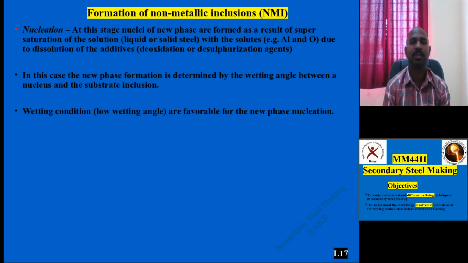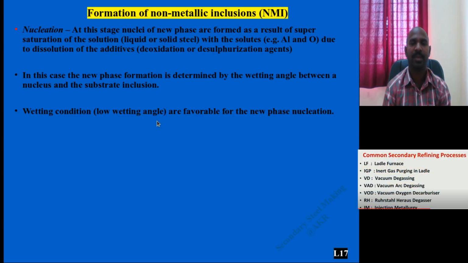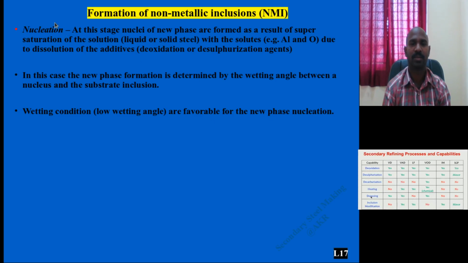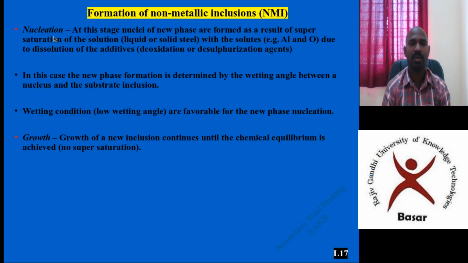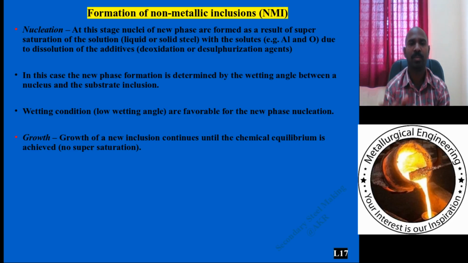If the wetting angle between the matrix and the second phase is lower, it is a favorable condition to form a new phase, or nucleation site. And this nucleus does not stay stable; it continues to grow until it reaches chemical equilibrium under the temperature and pressure conditions, or until it reaches the lowest free energy.